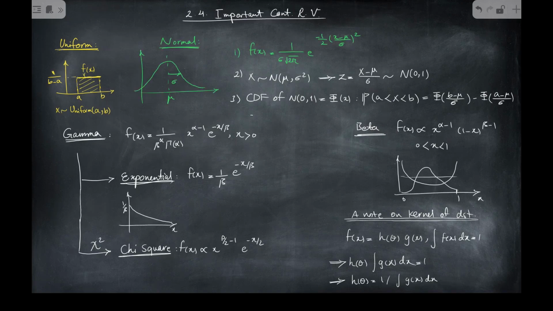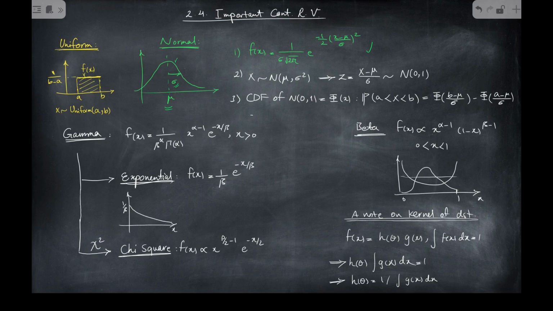Another important distribution in statistics is the normal distribution. So this is the formula for the normal distribution. It seems complicated, but you can focus on the parameters of this distribution. You have mu and you have sigma. And if you plot this function, you're going to get a unimodal distribution.